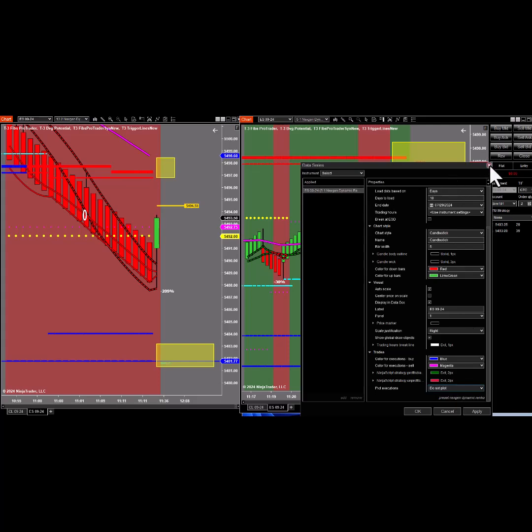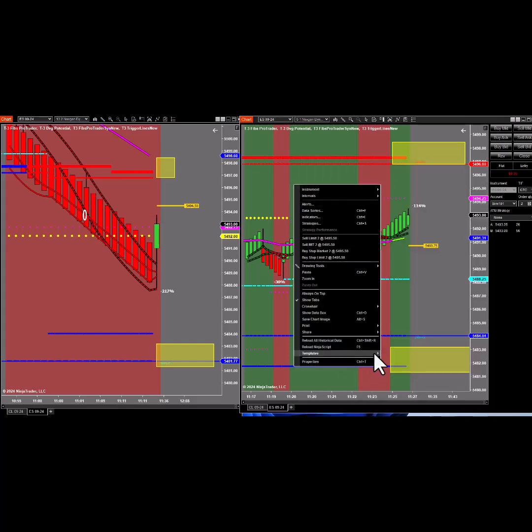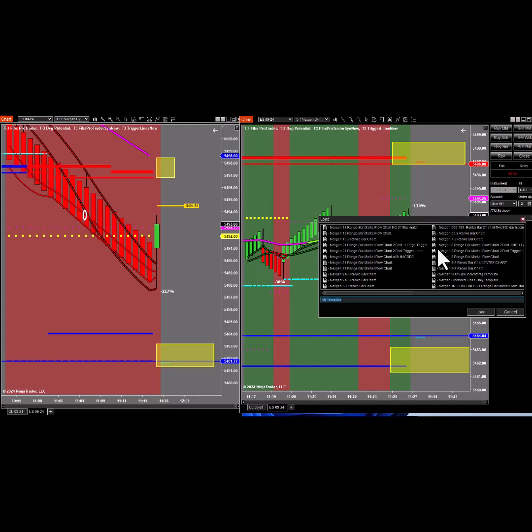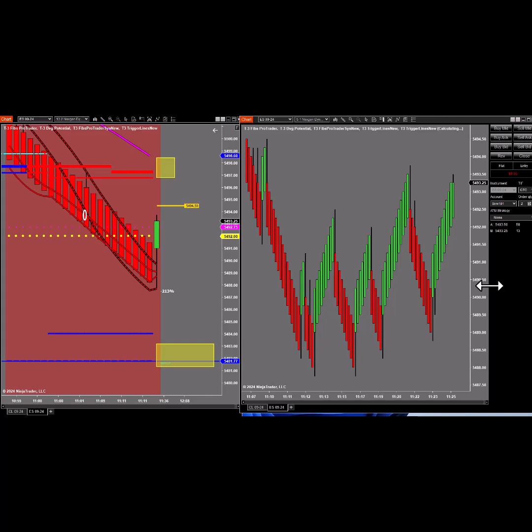Oh, hang on, I'm trying to put my template back on the way it was. 5-1. There we go. So line in the sand. What's it going to be, guys? 98, give or take?